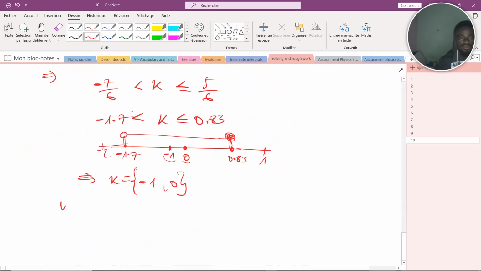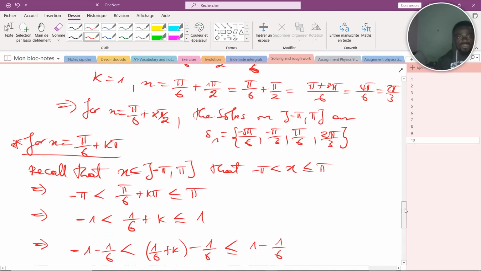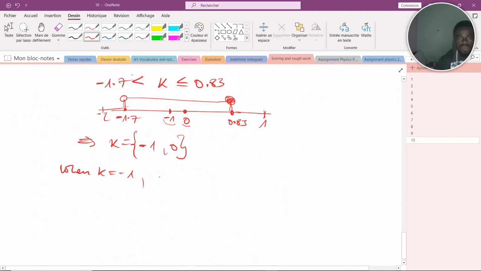So when k equals to -1, what do we have? We substitute it here. I'll have x being equals to pi on 6 plus -1 times pi.